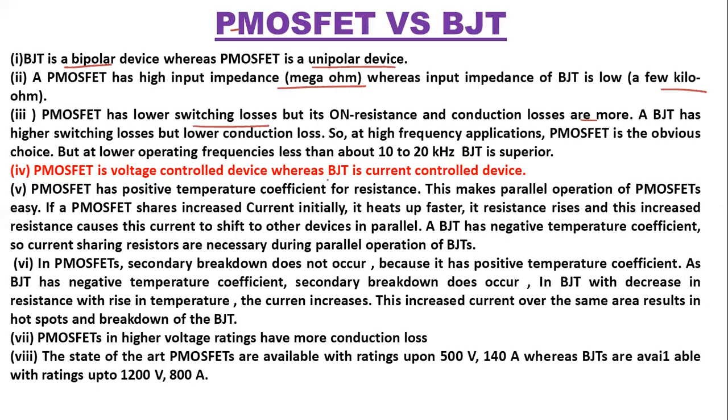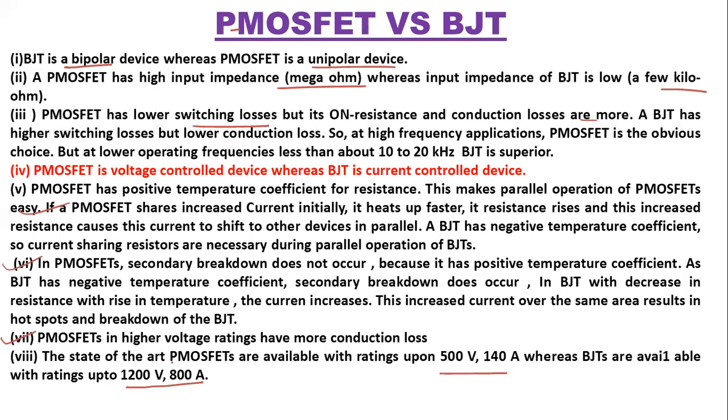Even though you haven't studied BJT in detail in this curriculum, you should understand that the MOSFET is voltage controlled. It has a positive temperature coefficient, and secondary breakdown does not occur. Available ratings are up to 500 volts, 140 ampere, whereas BJTs are available with ratings up to 1200 volts, 800 ampere.